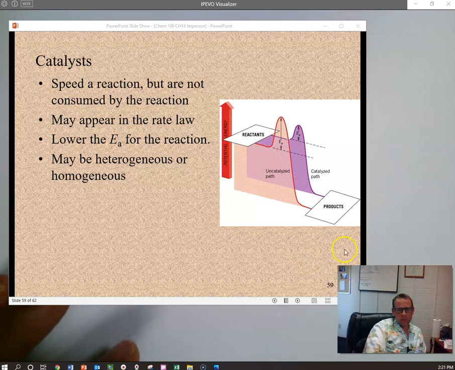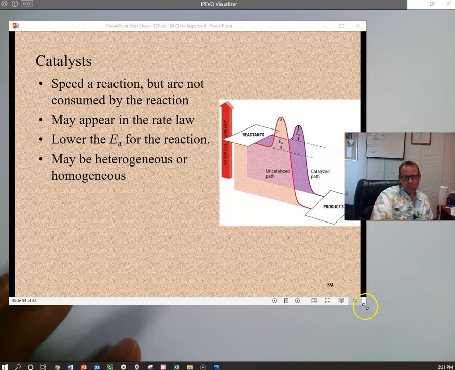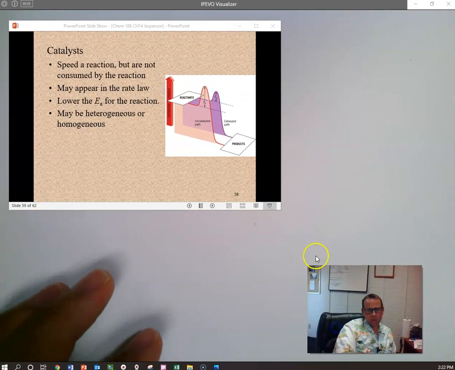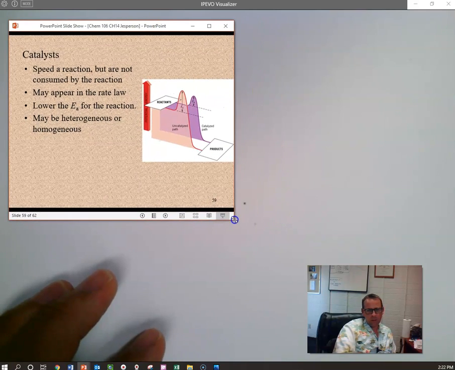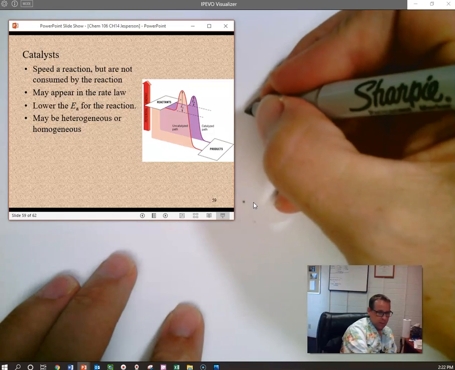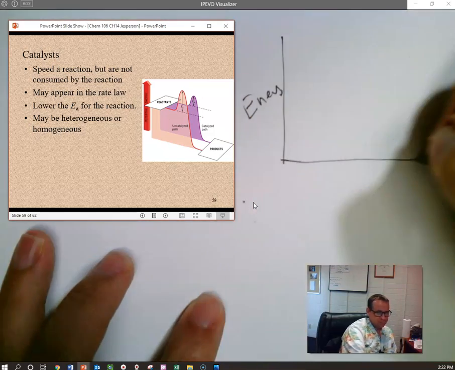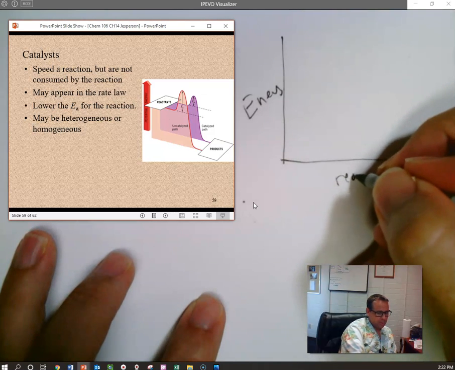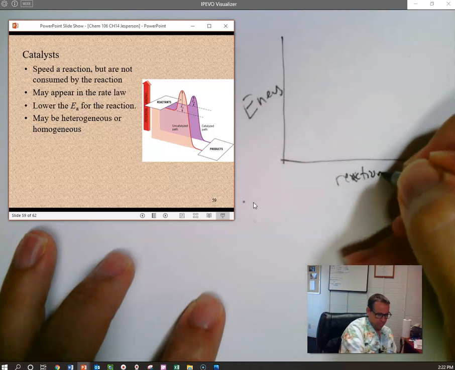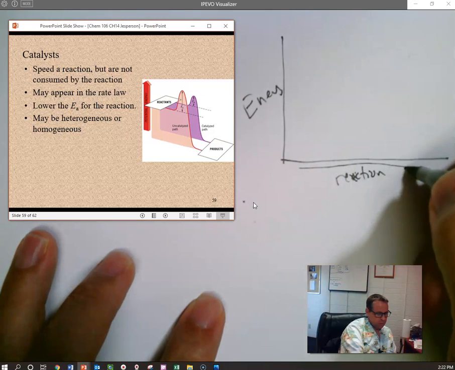They lower the activation energy. So let's look at an energy diagram for a reaction here. As the reaction proceeds to the right?